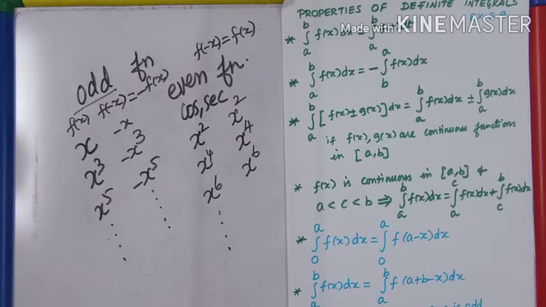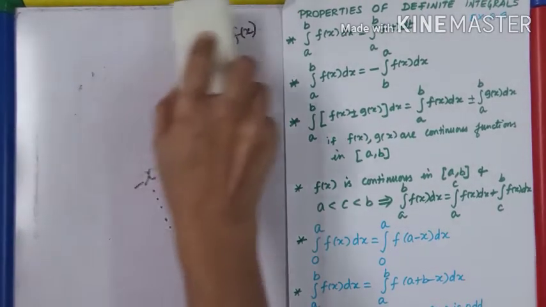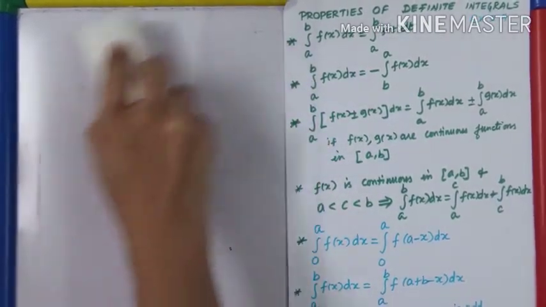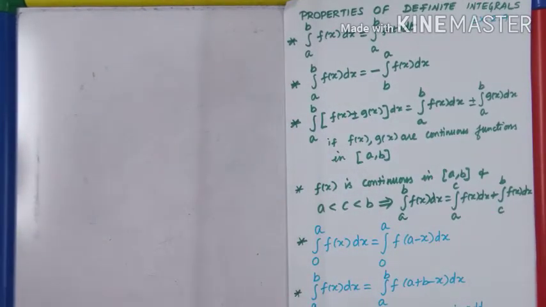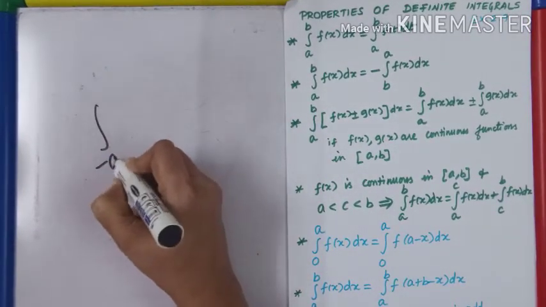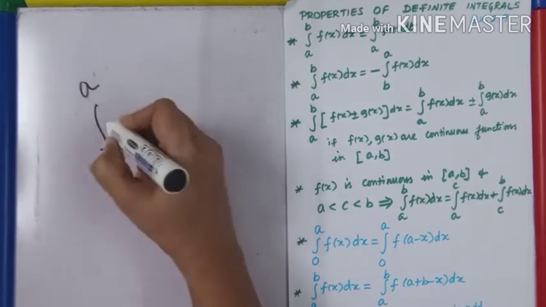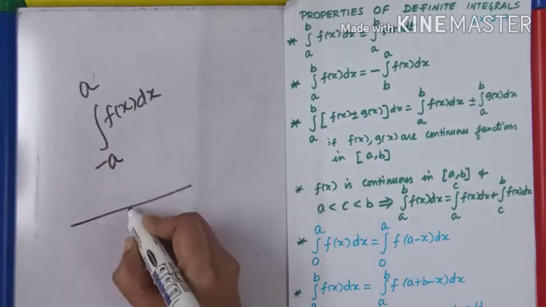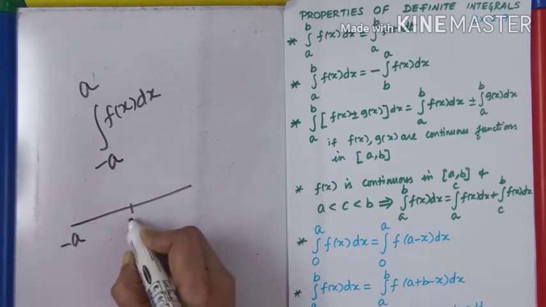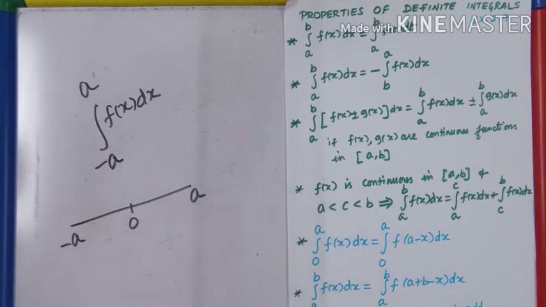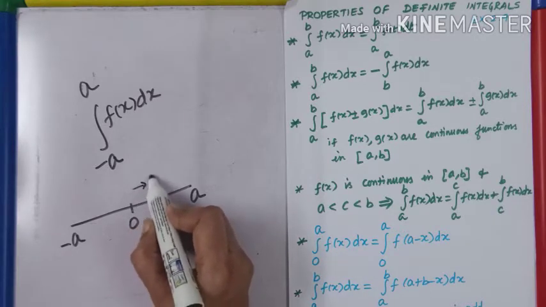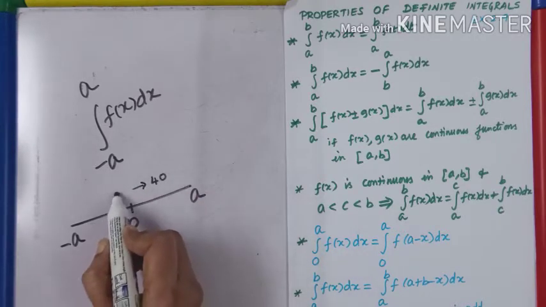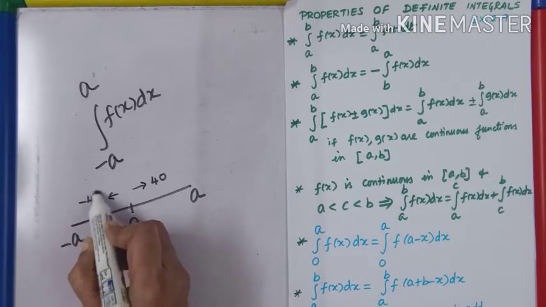Now the question is, once you find out whether they are odd or even, supposing I have integral from minus a to a, f of x dx. It is somewhat like our number line, let me say. This is minus a, this is 0 and plus a. Odd function means here my answer is plus, and here my answer will be minus.